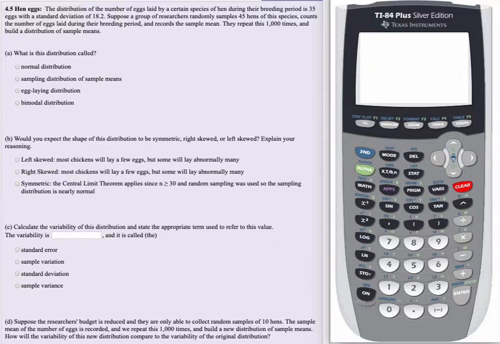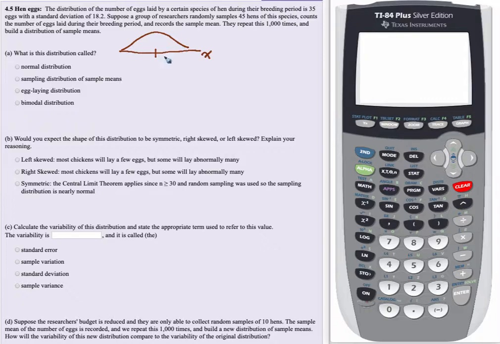Okay, so let's do a little review from section 4.1, because that's really where this question is starting from. If we start off with the distribution of eggs laid, we'll call this the distribution of X. This is the distribution of how many eggs each of these hens lay. For a certain species of hen during the breeding period, there are 35 eggs with a standard deviation of 18.2.